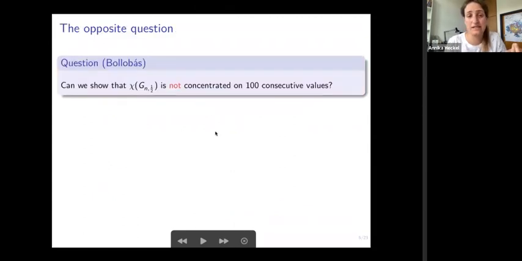In particular, he asked, can we show anything for the chromatic number of G(n,1/2)? Can we show that it is at least not concentrated on a constant number of values, say 100? If you compare this to the best upper bound by Shamir and Spencer, you can see this is not anywhere close to this upper bound. But even showing that it's not concentrated on a constant number of values turned out to be quite hard.